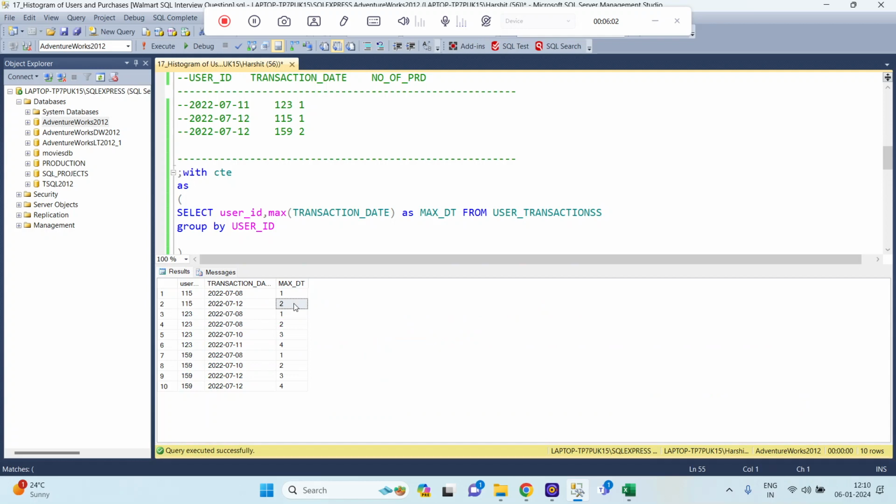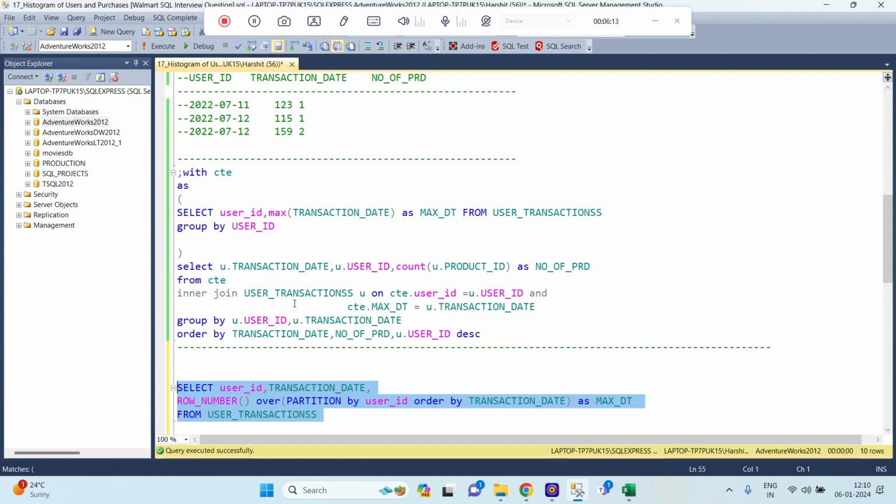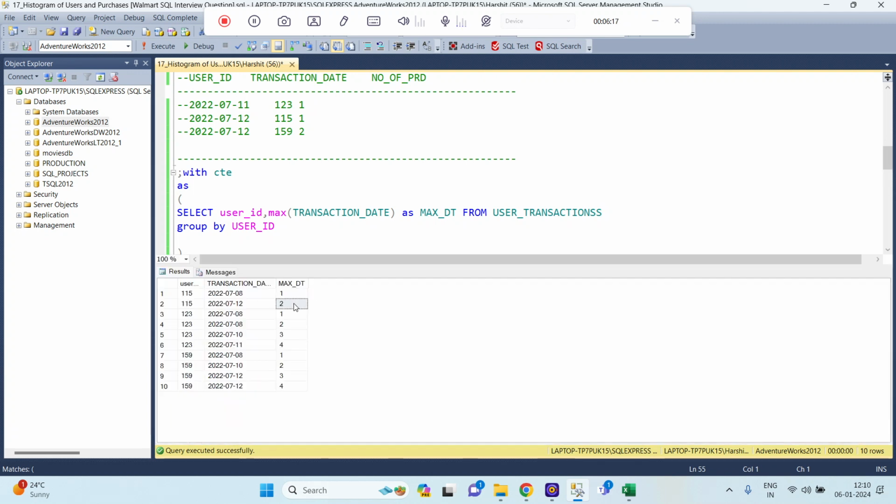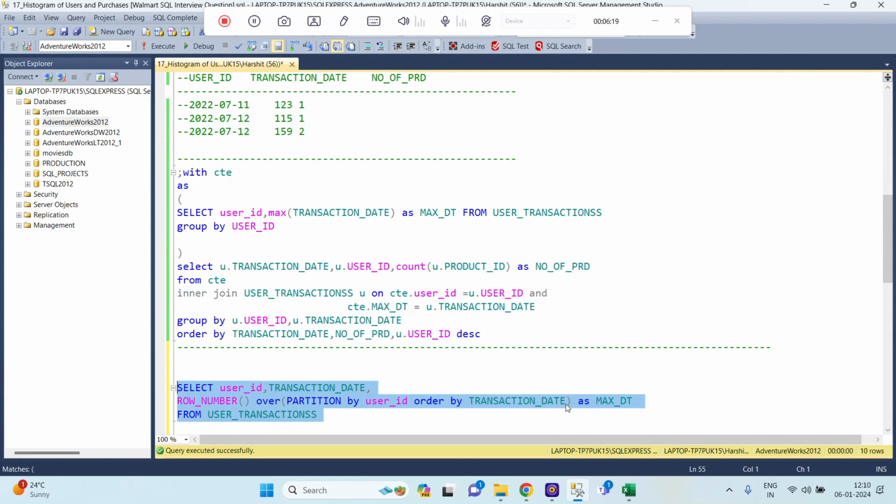But the rank is not consistent. So what we can do? One, two, three, four. Order by transaction date ascending it should be there, right? Ascending.